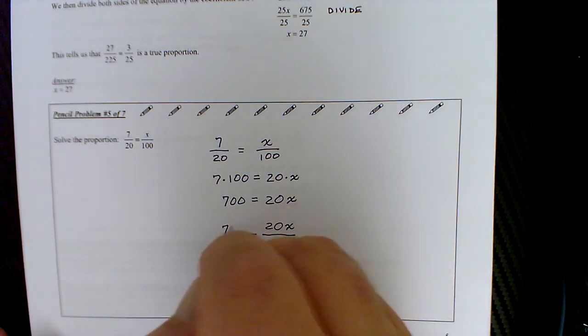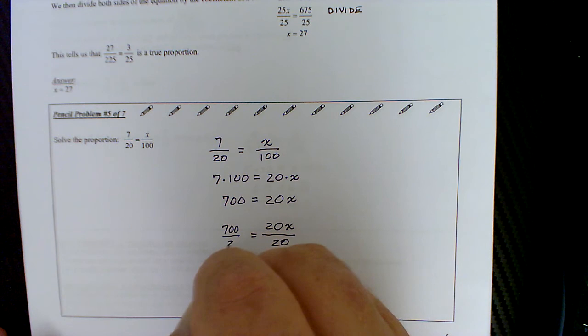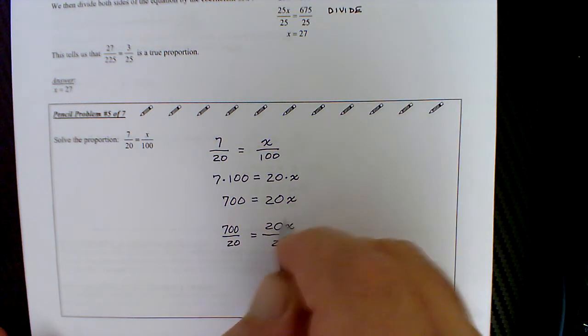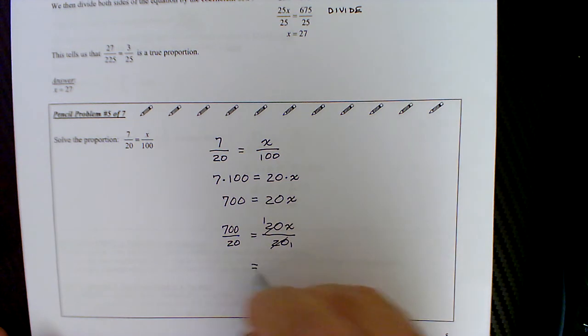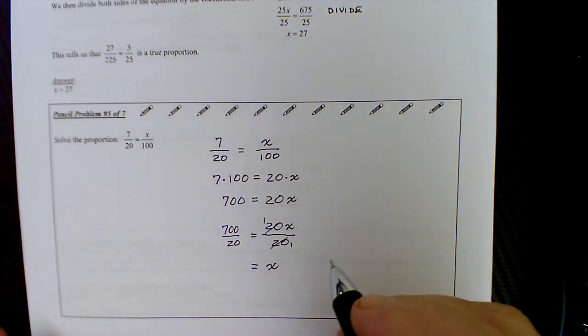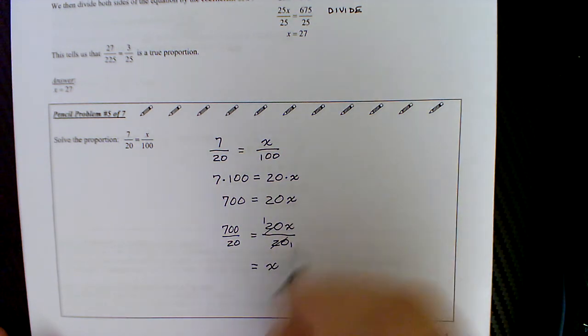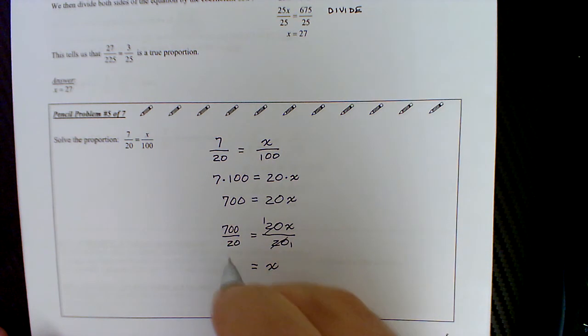Then you do the same thing to this side. Notice formally what happens is these 20's cancel. It gives us 1x over 1, or 1x, or just simply x. And that's why we're doing it, because we want to solve for x. And then 700 divided by 20 is, I believe, 35.